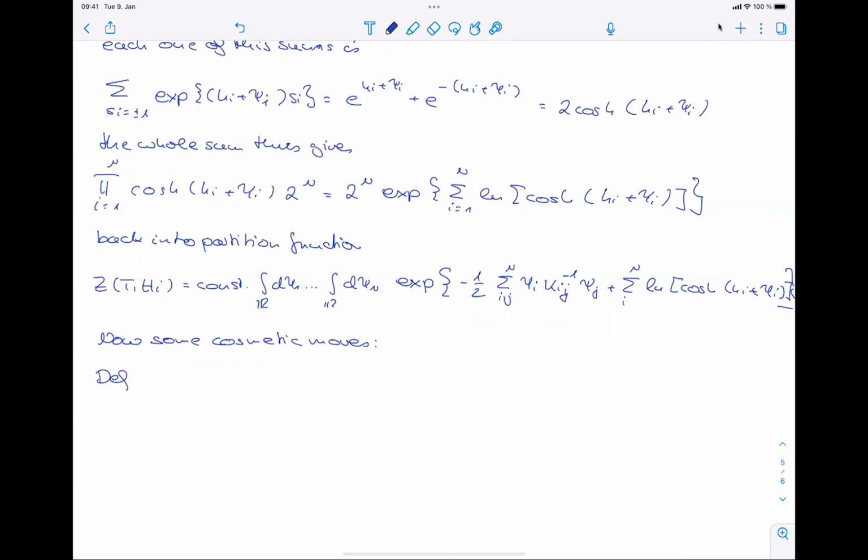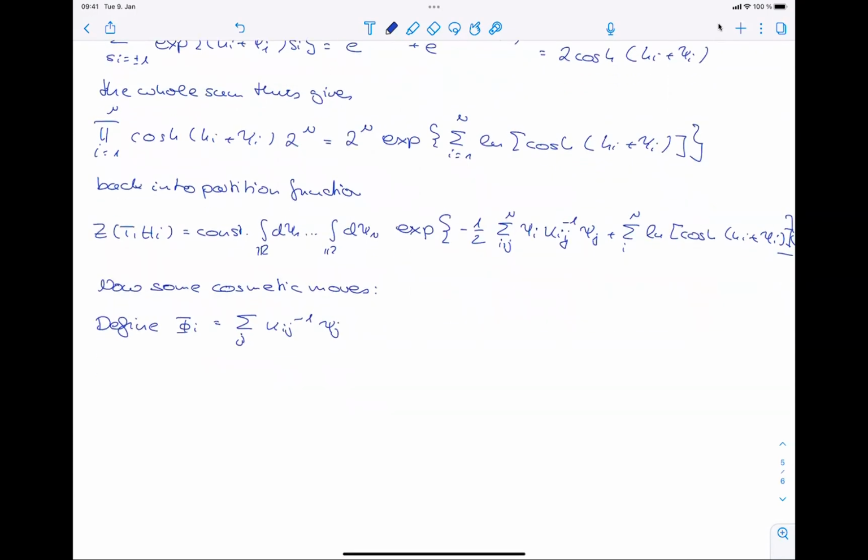So we define phi_i as the sum over j of (K_ij minus 1) psi_j. And this is going to simplify our expression, because remember here that this K_ij, the interaction potential, only acts between nearest neighbors.